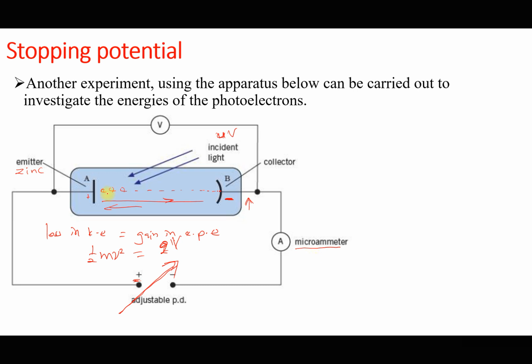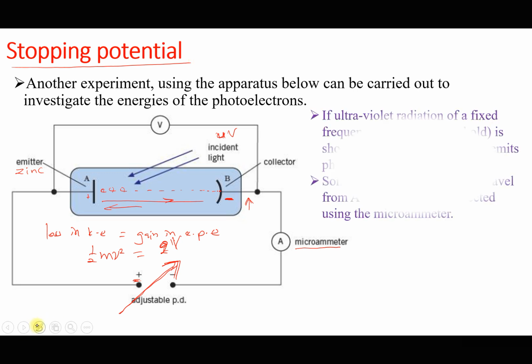That means almost no electron ejected from A has high enough energy to reach point B. At that point, a potential difference between A and B has been established which does not allow any electrons ejected from A to reach B. And that potential difference is what we are going to call the stopping potential.